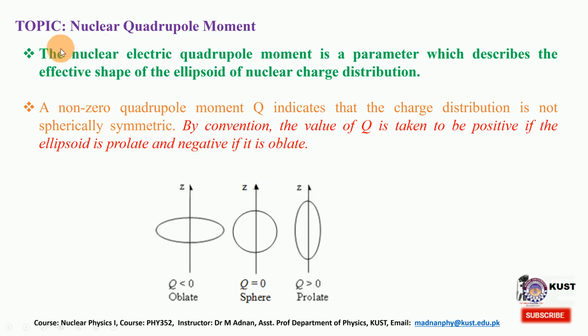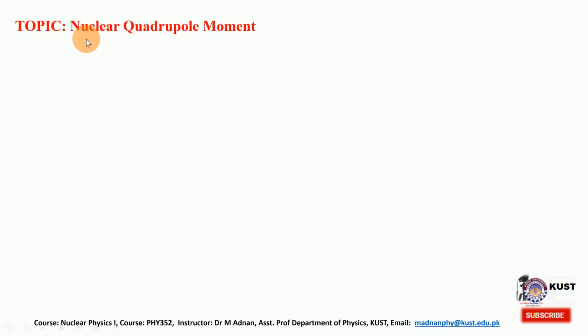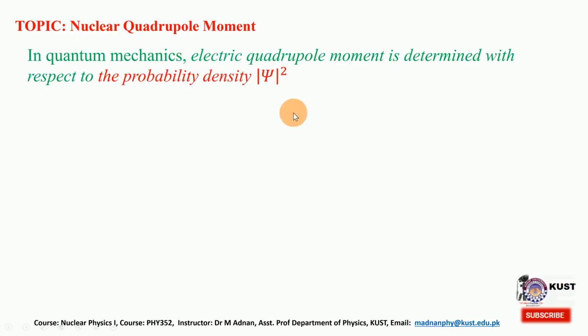Since we are talking about the nucleus, we will be using the quantum version of these quadrupole moments, or electromagnetic moments, the fields associated with the charge distribution. In quantum mechanics, the electric quadrupole moment is determined with respect to the probability density, psi naught square.